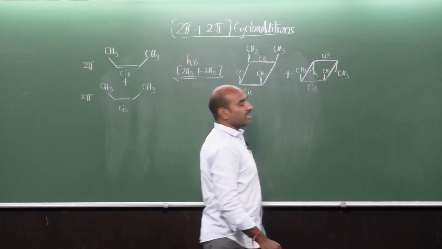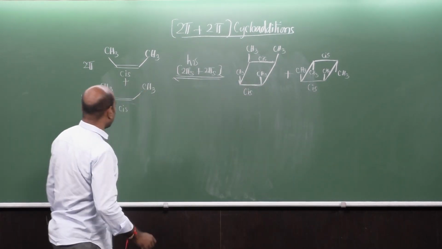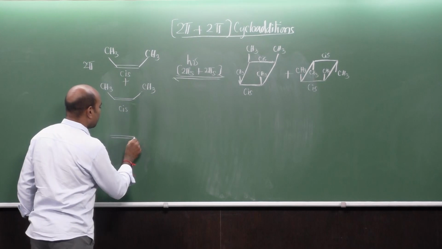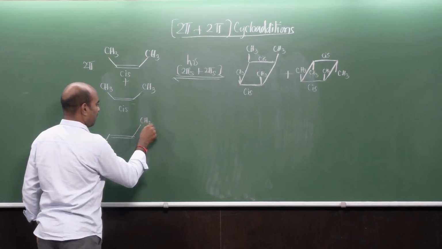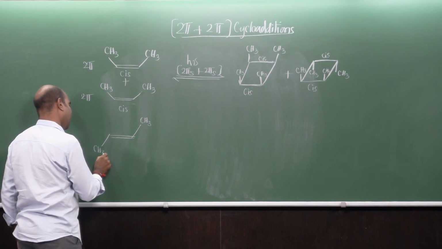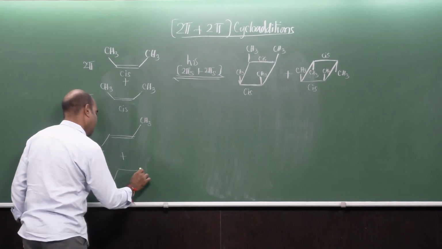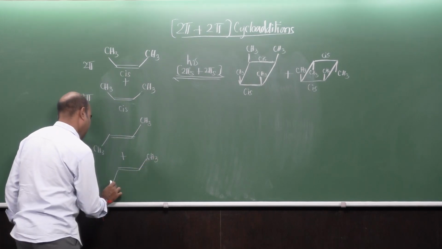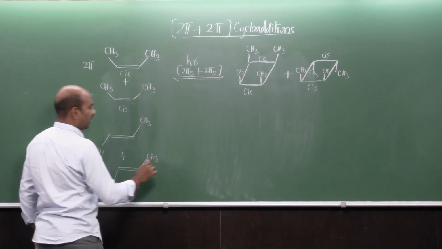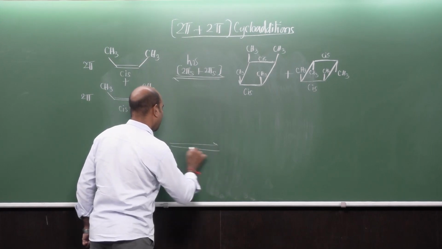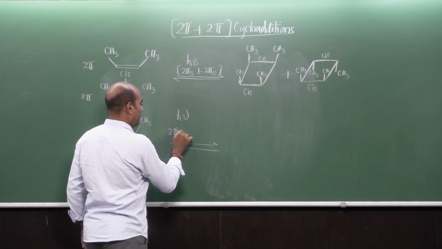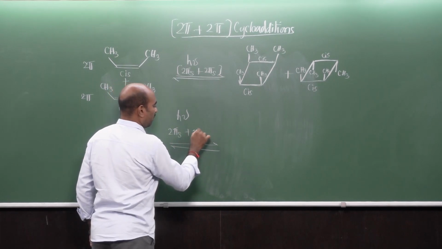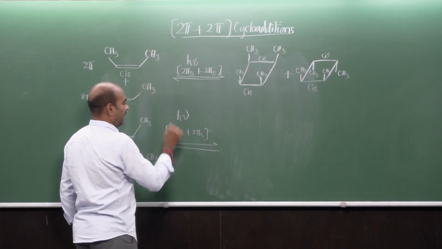In this case as well, it is a supra partner, so the cis stereochemistry is retained. So what if you use trans-2-butene, with CH3 and CH3? Again, under photochemical conditions this is a 2π supra plus 2π supra cycloaddition reaction.